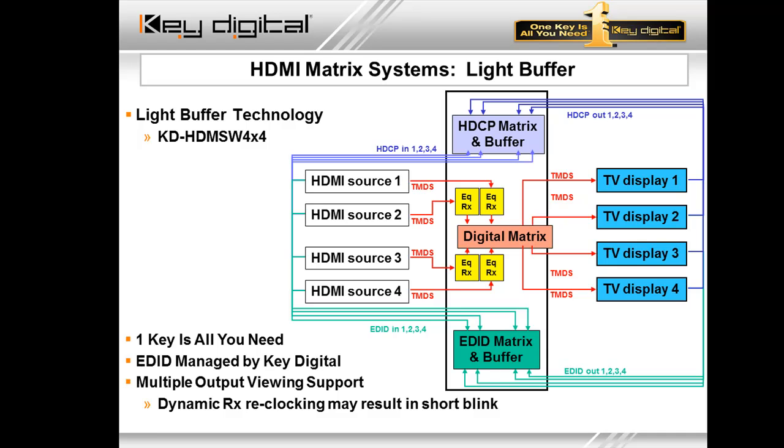Any display viewing that source will experience a very short blink as that equalization for that input reclocks based on X meaning the amount of outputs viewing that source. So that is how we're able to lightly buffer the system, enabling, again, this to be a very value-driven product.